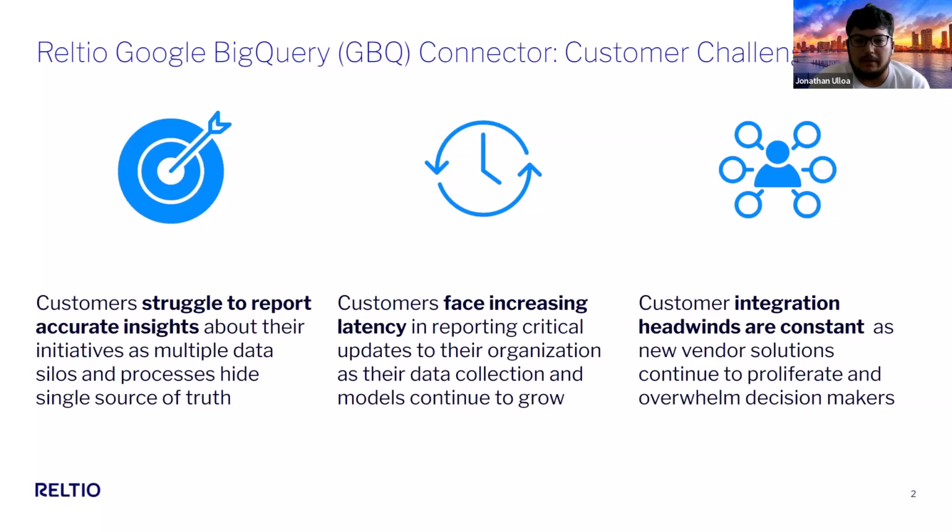It's really hard to get a hold of what a single source of truth is, and to get the confidence to go in front of your leadership and be confident about numbers reflecting your initiatives. With the Reltio MDM platform, we're trying to accomplish this, and part of that experience is also exporting that single source of truth to where you, your team, and your partners can access it, to share that accurate dimension of insights and data.